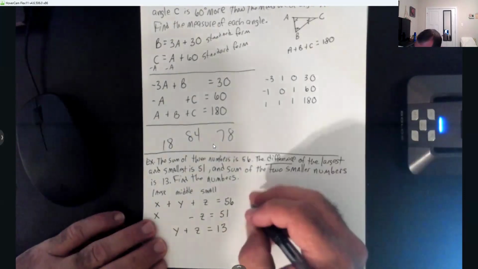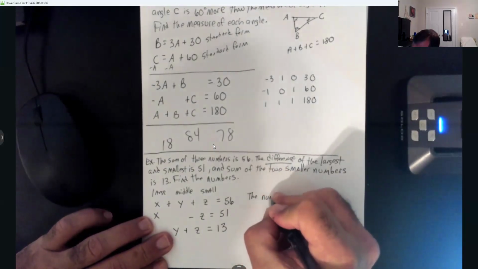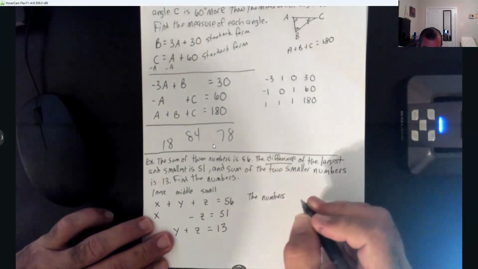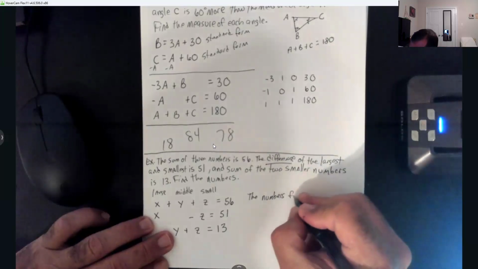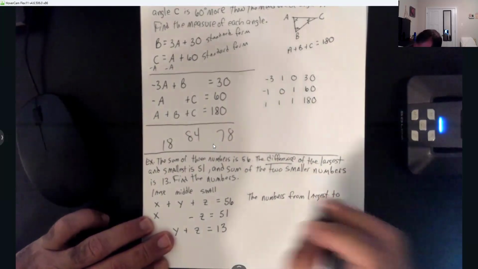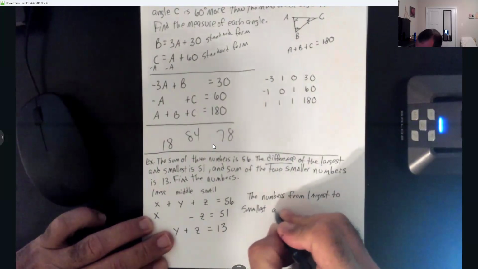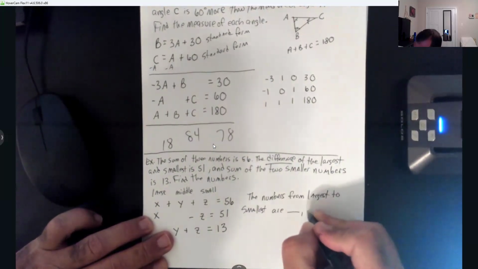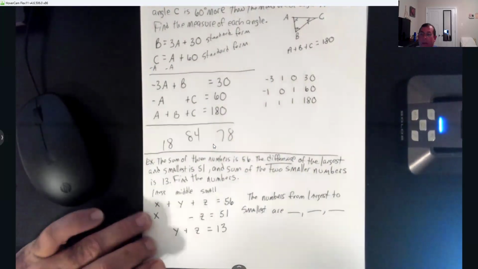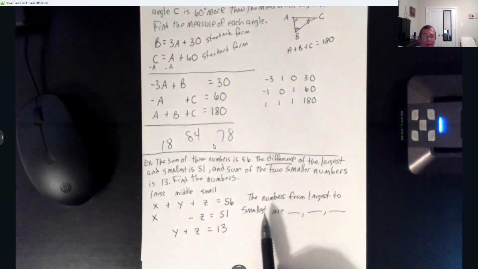Now, the answer says the numbers from largest to smallest are blank, blank, and blank. So punch it in and see what y'all get on that. Y'all should get three numbers that add up to 56.